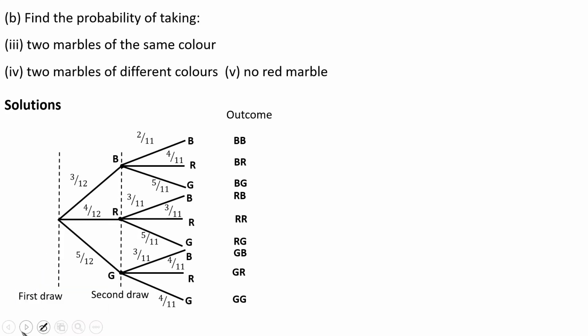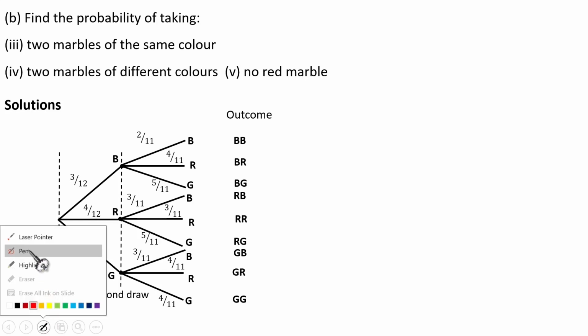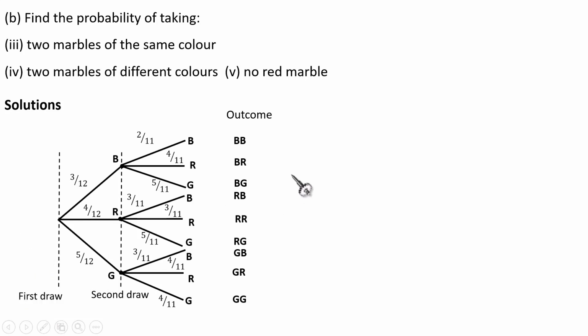So sorry, this is it. The ones which are for red, because the question says find the probability of taking two members of the same color. So there's this one which can give us the same color, and also this one, and also this one, you see. So now how do we answer this one?